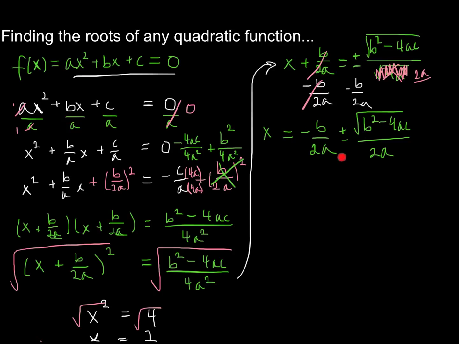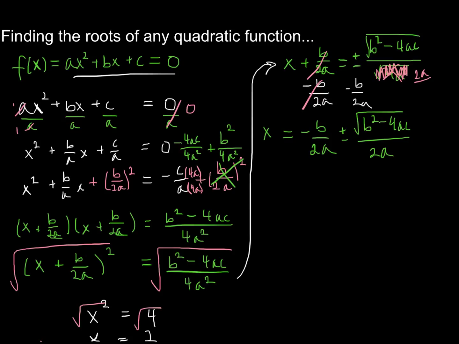But you can actually simplify this a little more because both of these have the same denominator. So what you really have is negative b plus or minus the square root of b squared minus 4ac all over 2a. Okay, but either way will work just fine, but we'll go ahead and clean it up just to make it a little more neat.